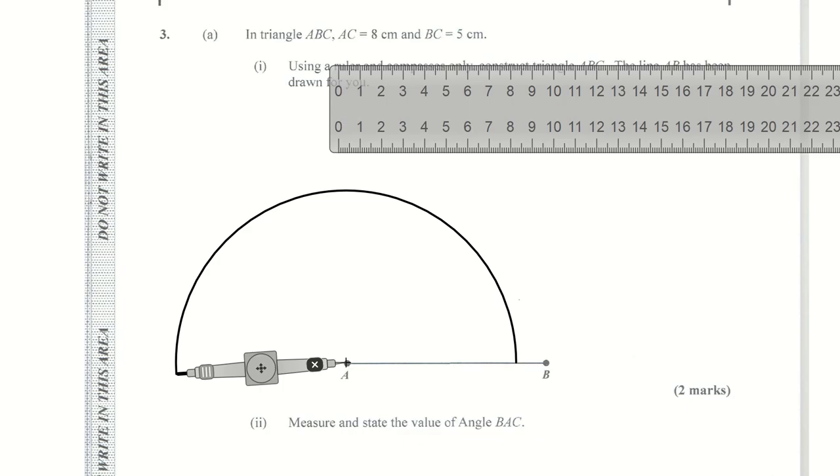They said BC is 5. So same thing, you're going to take your ruler and measure out 5 centimeters. Meaning I'm going to open it out 5 centimeters. Can I not make it 5 centimeters? Hold on.